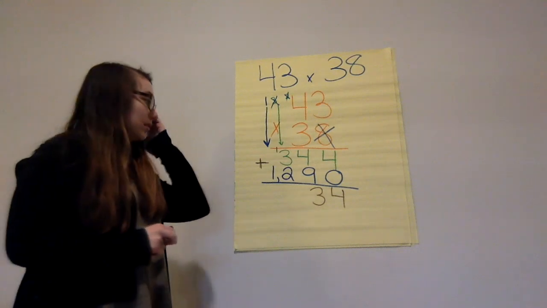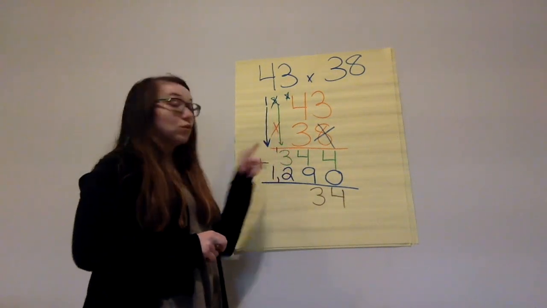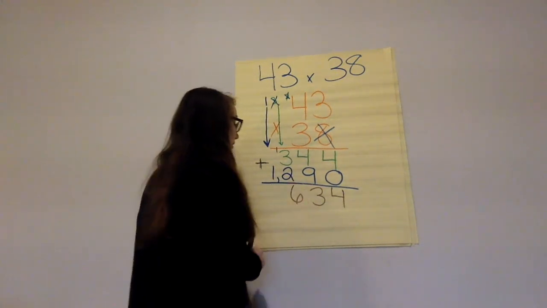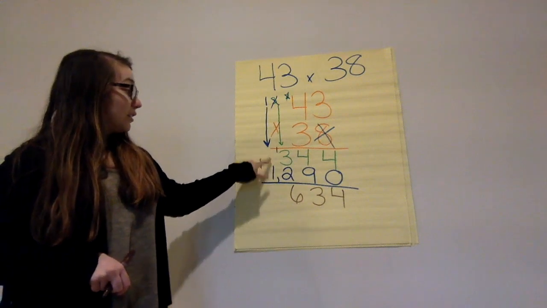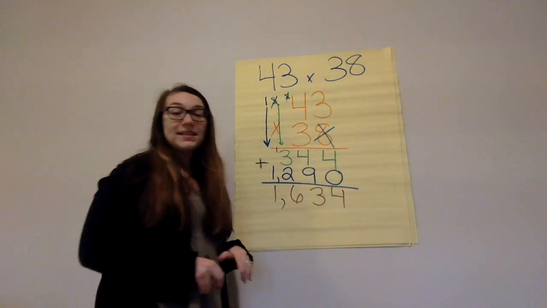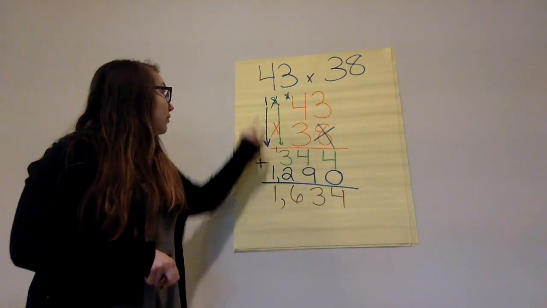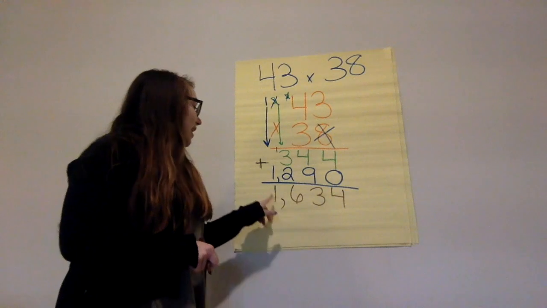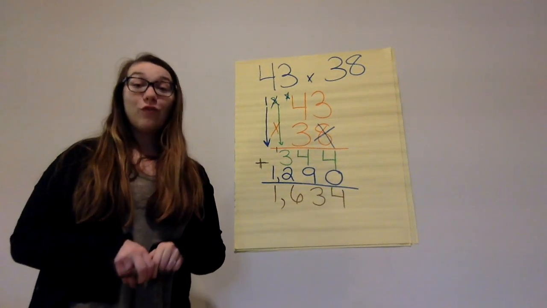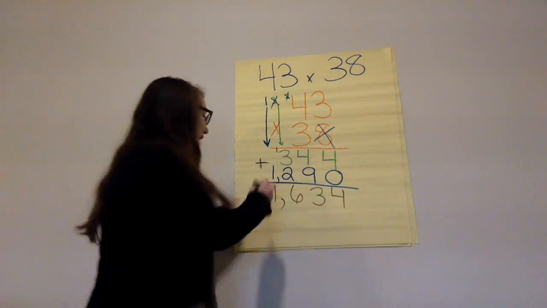Okay? Next we have 3 plus 2, which is 5, plus 1 more gives us 6. All right, and we have 0 plus 1,000, which gives us 1,000. So our answer here, 43 times 38, is 1,634.